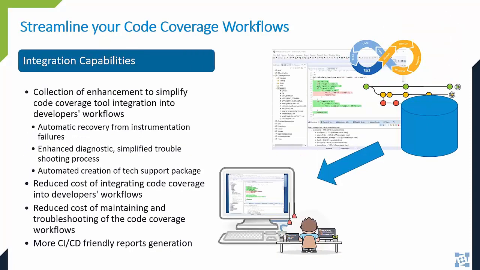To further expand our capabilities in the CI/CD workflow, we have added a collection of enhancements that further automate and simplify the complexity in obtaining structural code coverage. One of the most exciting additions is the automatic recovery feature if there is a hiccup or failure while integrating code coverage during the compile or build process.